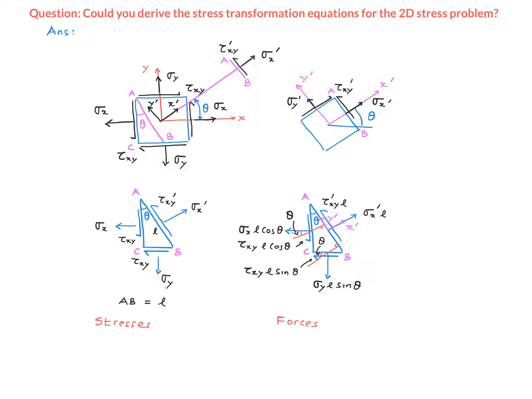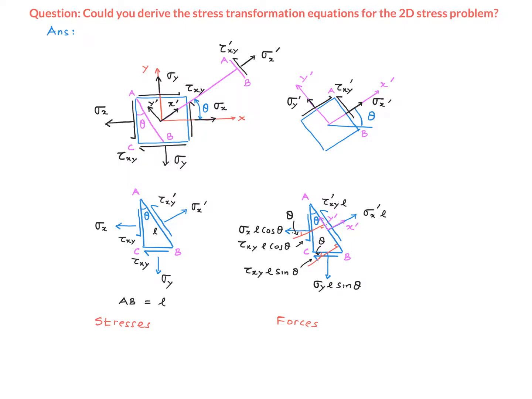Here the body that I want to analyze is ABC, this little triangle. This is a 2D problem, so we're going to consider a unit length into the paper. So we're going to section this 2D differential element along AB, cut out this triangle, and complete the free body diagram by putting all of the forces acting on that triangle.